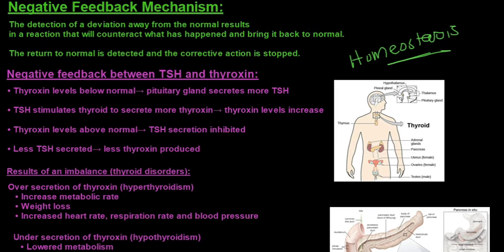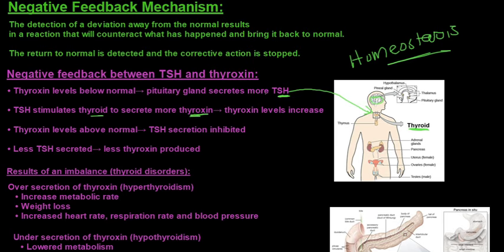So the first one is between TSH, the thyroid stimulating hormone, and thyroxine, and then we'll look at insulin specifically, and what will happen if there's a defect there. So with TSH and thyroxine, when the thyroxine levels are below normal, so when the thyroid has not secreted enough thyroxine, the pituitary gland in the brain will secrete more TSH, the thyroid stimulating hormone. What that hormone is going to do, it's going to stimulate the thyroid to secrete more thyroxine.